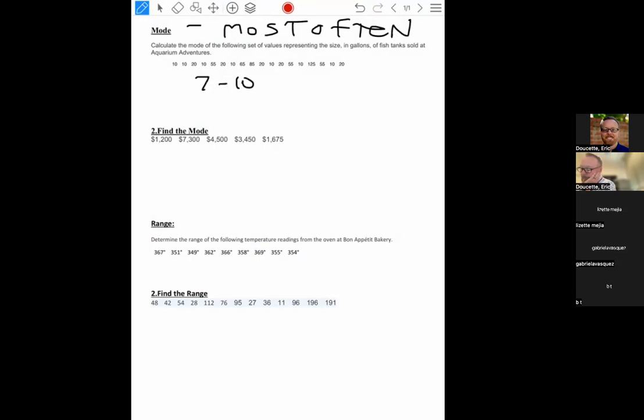I have 5 20s. I have 3 55s. And I have 1 65. I have 1 85. And I have 1 125. So which one do I have the most of? 10. So that's my mode, is a 10.